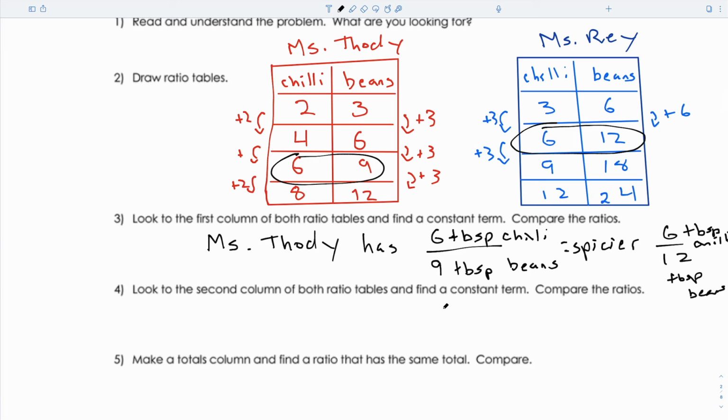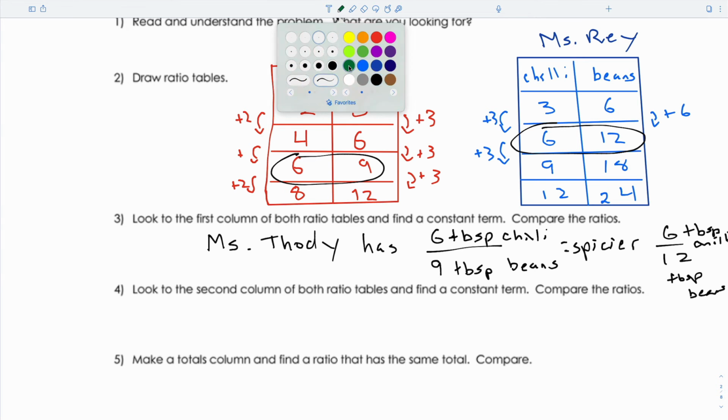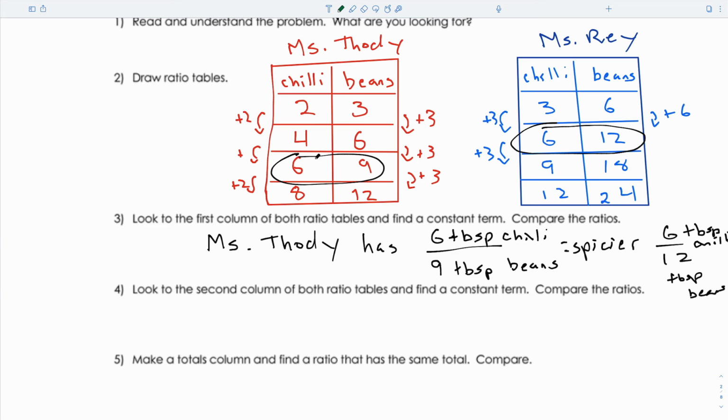But what if I told you there's actually a second way that I could compare? You don't have to do it 2 ways on your homework or your partner practice when you're asked in a test even, but I want to prove to you that I can actually prove it a second way. I'm going to use green. And in the first time I compared, I used the chili column. In this time, I'm going to look for the beans column.